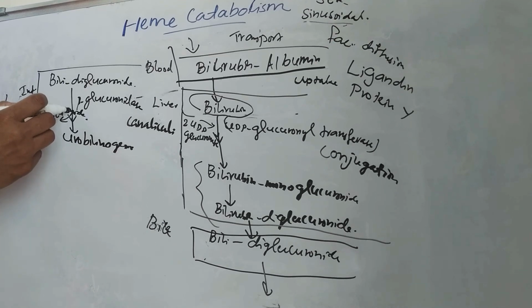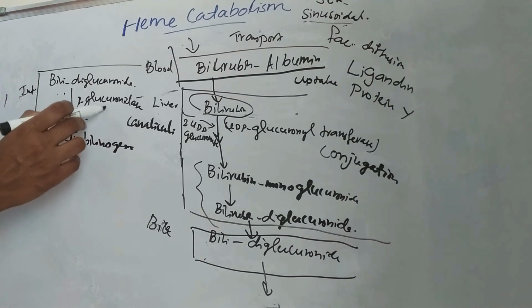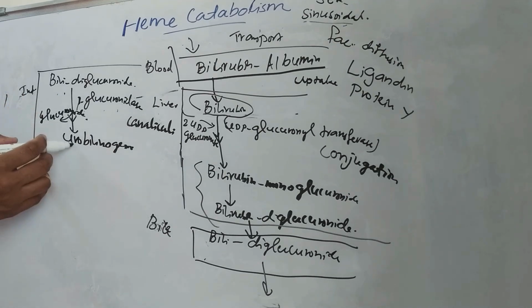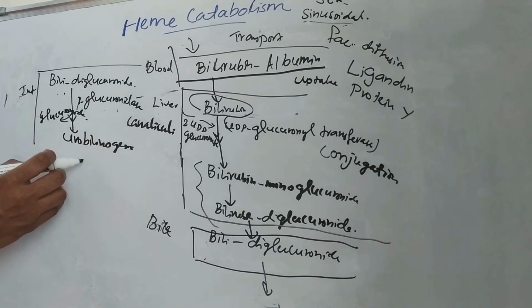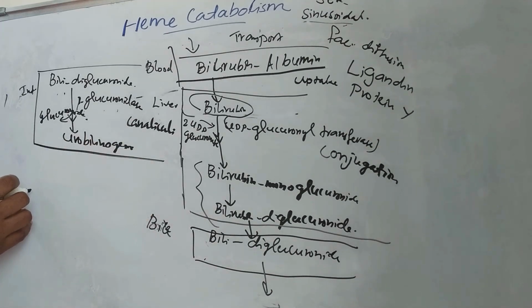So the conjugated bilirubins are secreted into the GI tract, especially in cecum and in colon. Then by the action of bacterial enzyme beta glucuronidase, this glucuronide is released and it forms urobilinogen. That is in the intestine.